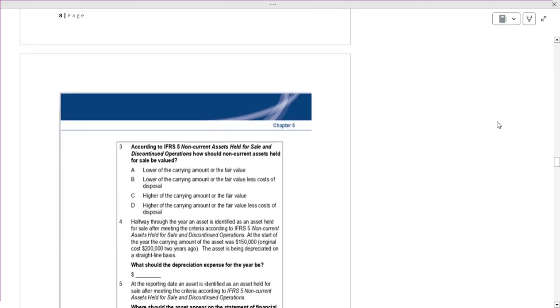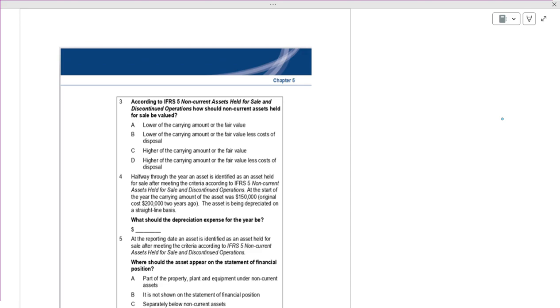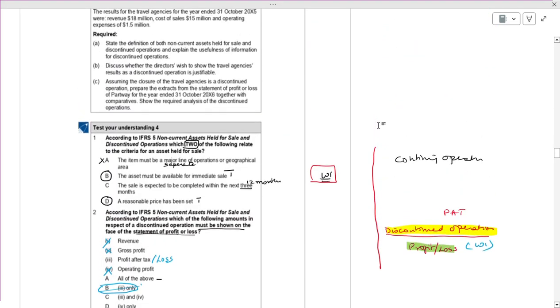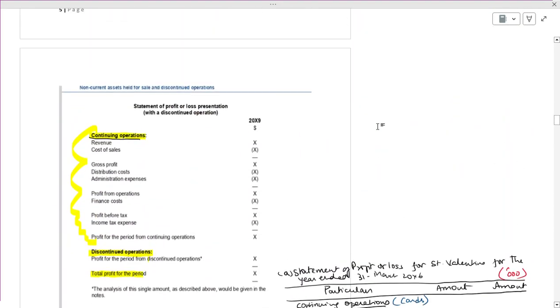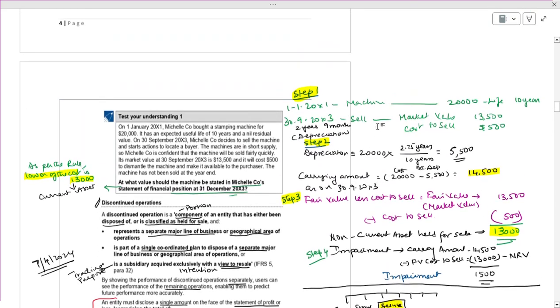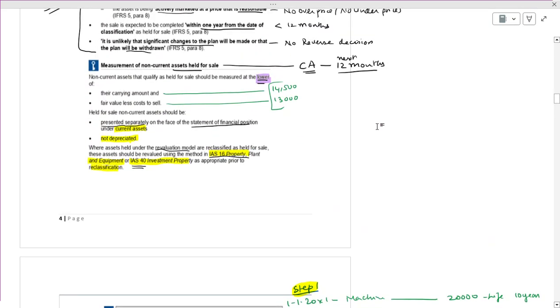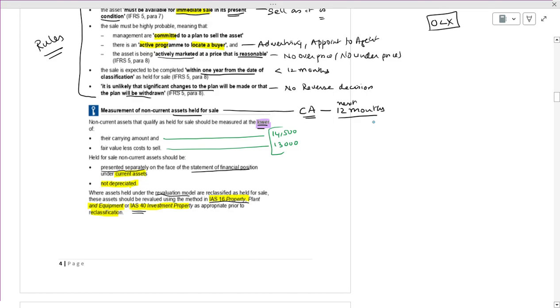Next, Sumaya. According to IFRS 5, non-current assets held for sale, how should non-current assets be valued? I will go back to the rules. There has been mentioned measurement of non-current assets.